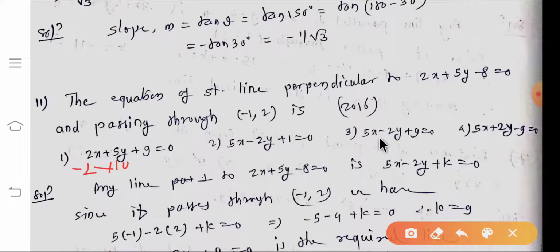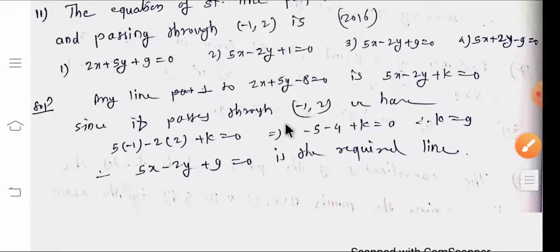Next, in the third, 5 ones are minus 5, and with minus 2 into 2 which is minus 4, plus 9, we get 0. This equation satisfies. So the third option is the right option.